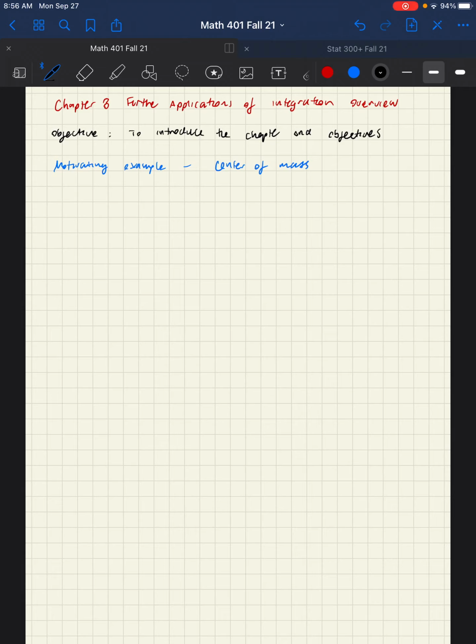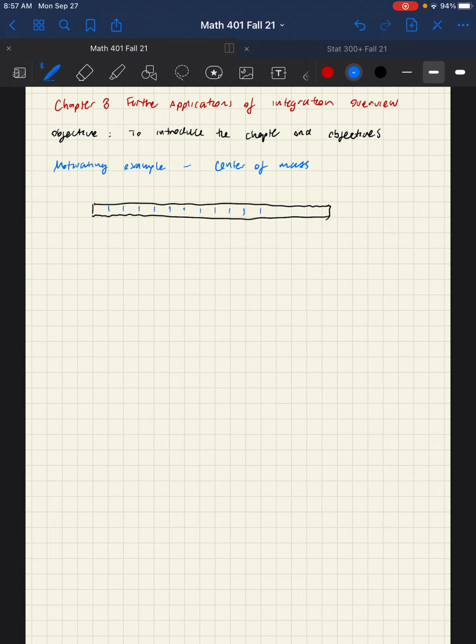To motivate the ideas and the cool things that we're going to explore in this chapter, we're going to talk about the center of mass briefly. What center of mass means is, if you have some object, for instance, a simple example that we can think of is some uniform plank of some thickness.